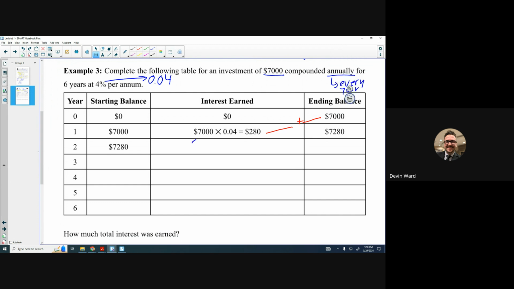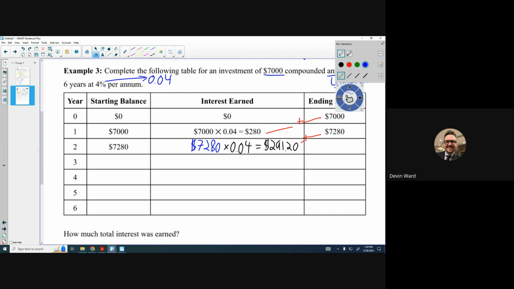So in order to find out how much interest I make in year two, take 7,280 and multiply that by 0.04, which is going to give me $291.20, which I'm going to add to my amount from the last year.